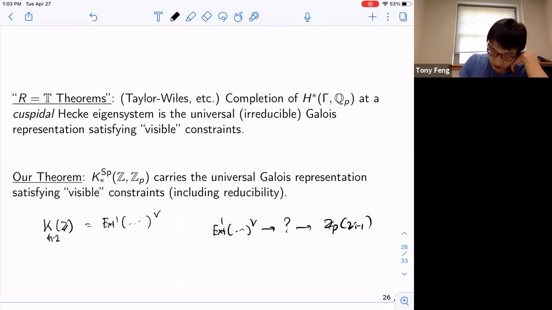So the symplectic K theory looks like this. Or maybe I should say you would expect the universal extension to look like this thing, because the universal extension has an extension class, and that extension class is like x1 with coefficients in something. And that something, if it's universal, should be like the dual to x1. So the universal thing looks like this, and the symplectic K theory looks like this.